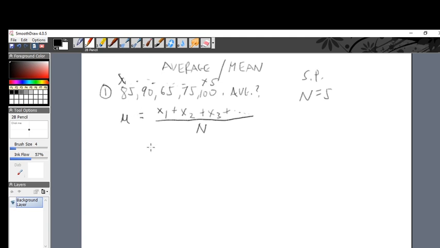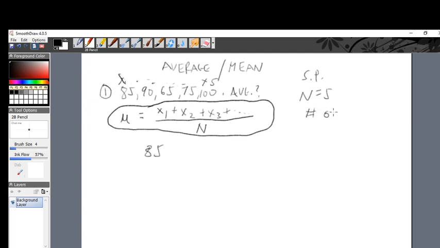You all know how to do this, but this formula is important. We cannot ignore this formula. You add up all the data items, called x1, x2, that's what they're called, and you divide by n, which is the number of data items.